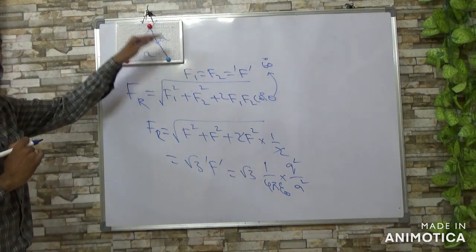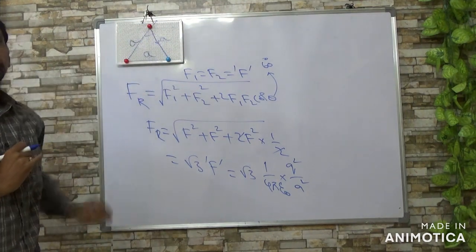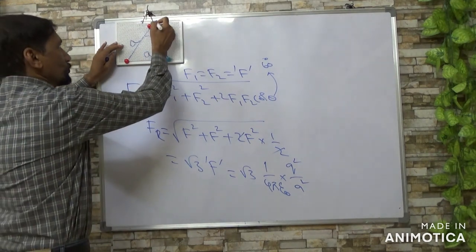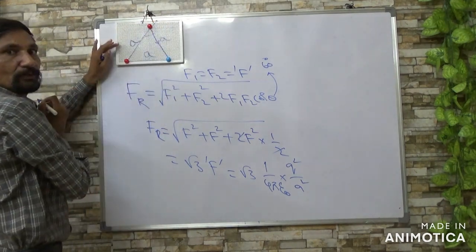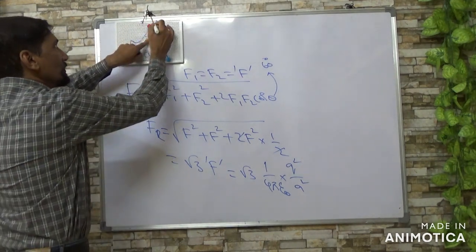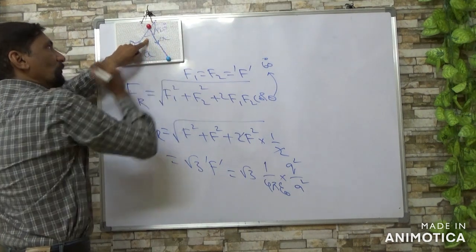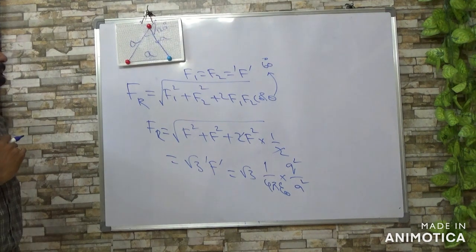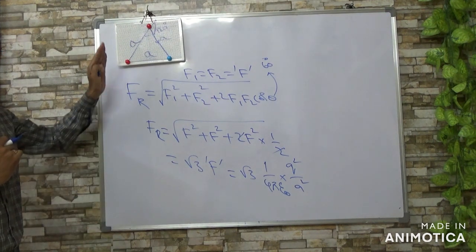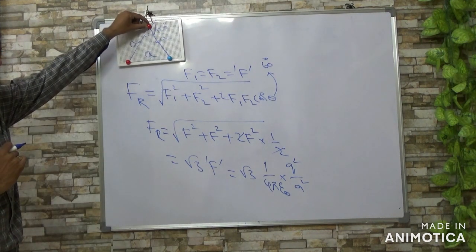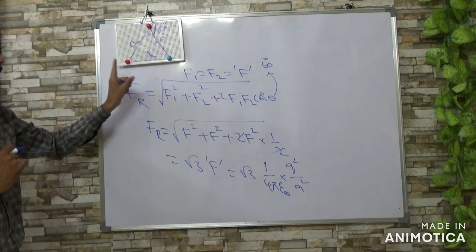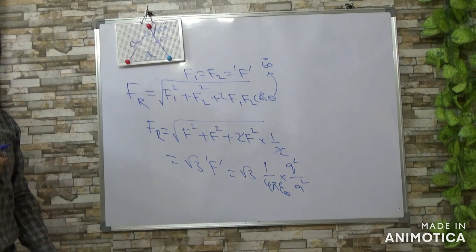That is attraction. This one, repulsion. Now this total angle is 180, this is already 60, so the remaining is 120. So you want to know the resultant force experienced by this due to these two, one positive and one negative.